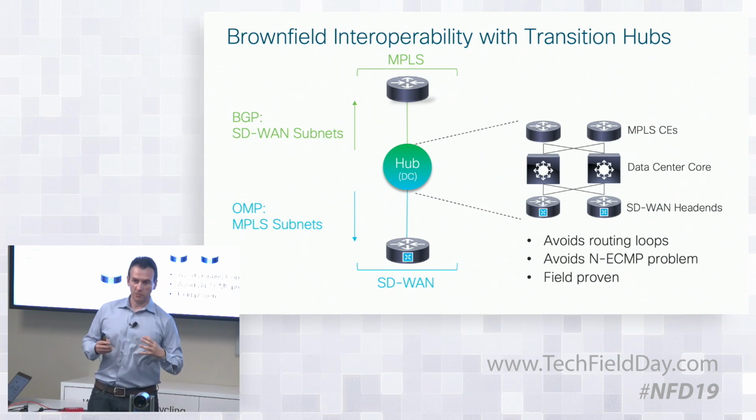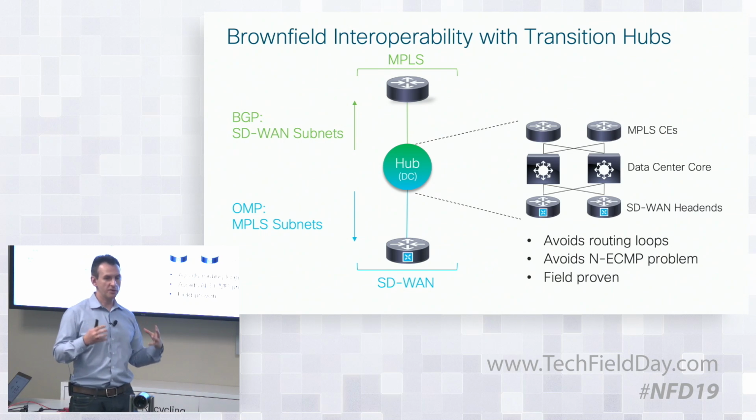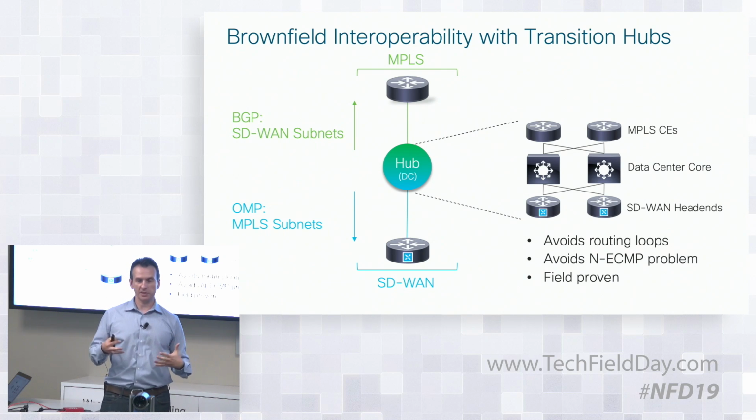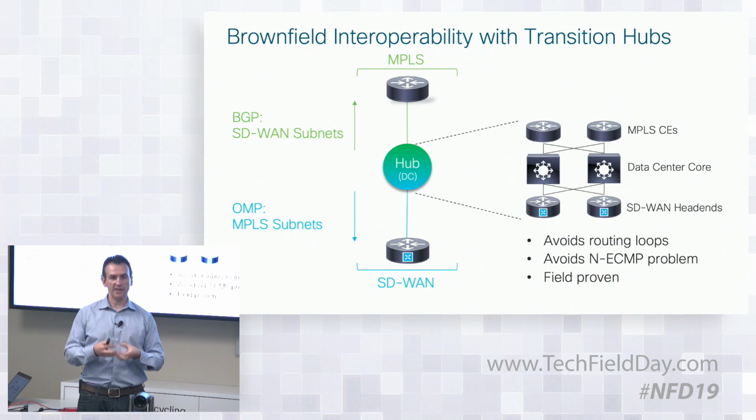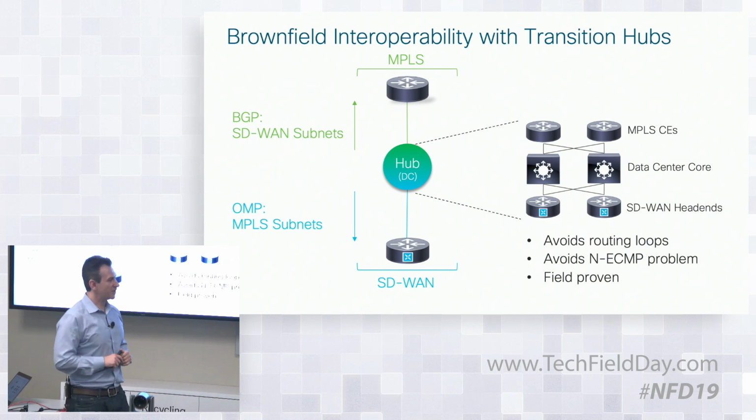So we tend to look at that as transition hubs. Many times these transition hubs are data centers, and that's where the overlay and underlay meet. There are designs where overlay and underlay can meet at every single branch. So I have every single branch that can do overlay and underlay to an MPLS site. Not something that we advocate.